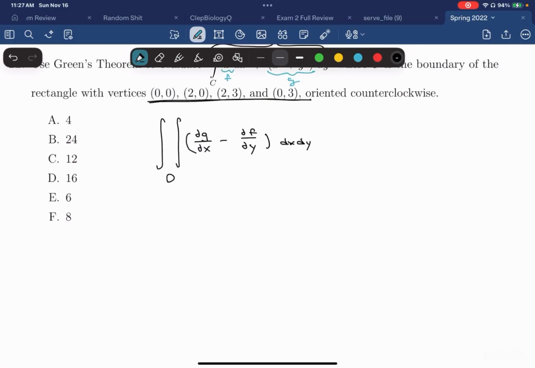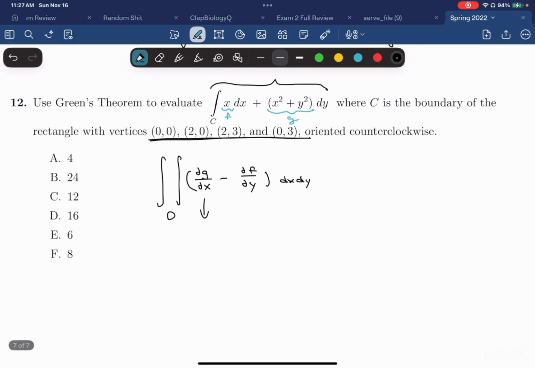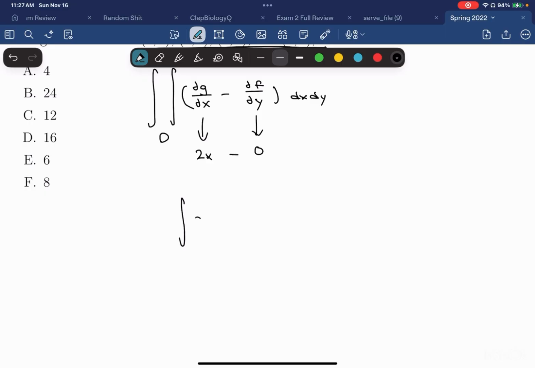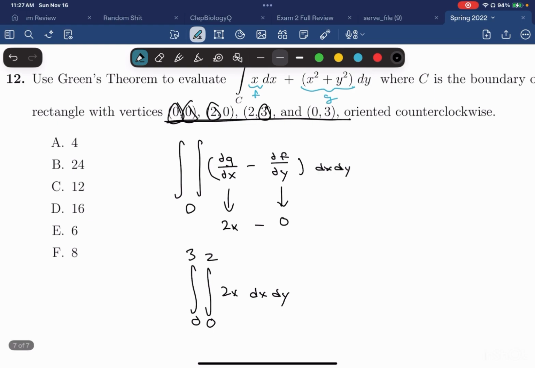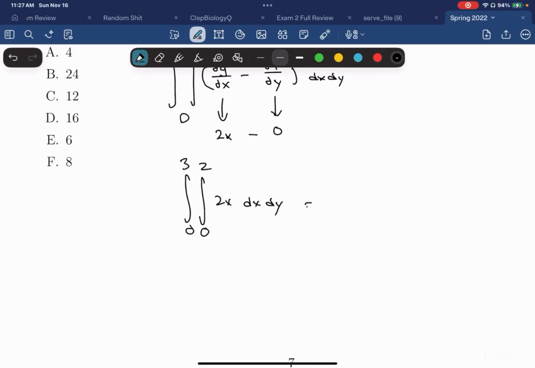So what is dG? Well, in this case, it's just 2x, and F does not have a y, so it'll just be 0. So we're just going to integrate 2x dx dy in our bounds, x goes from 0 to 2. Y goes from 0 to 3. So now we've set up our Green's theorem. Let's do this.